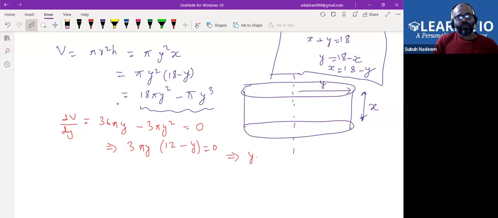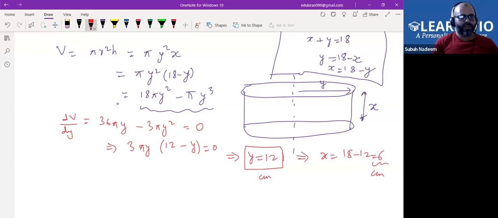So you get y is equal to 12. Right? 0 you can't take because the rectangle will not be possible. So y is equal to 12. Therefore x will be equal to 18 minus 12, which is 6. Is this the answer you also got, Shabaz? Yes, sir. Okay, then it was fine. 6 centimeter and 12 centimeter.